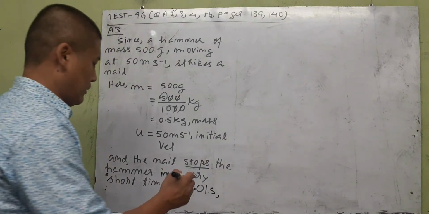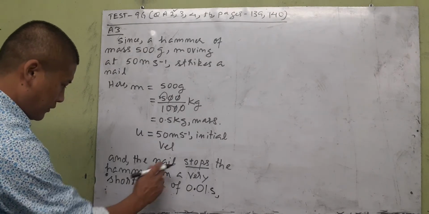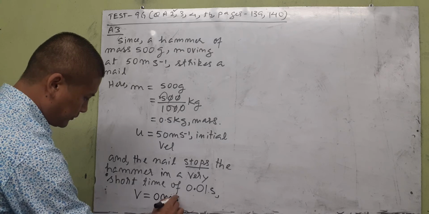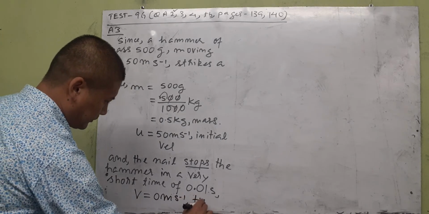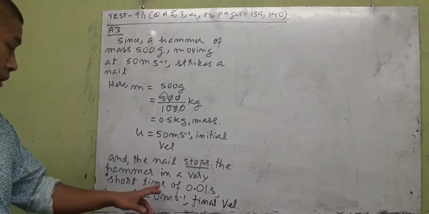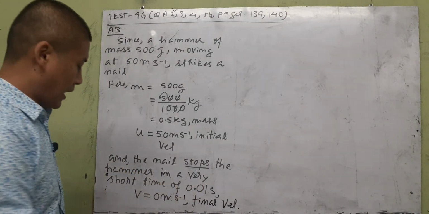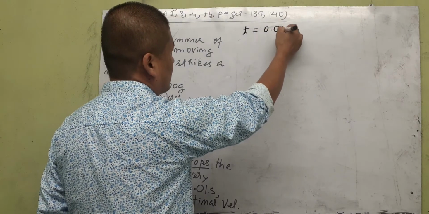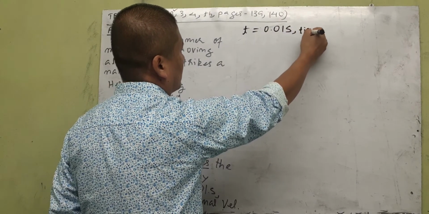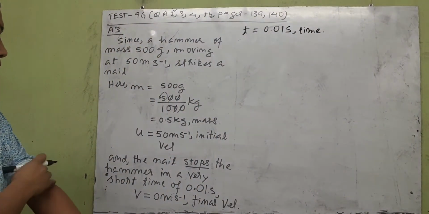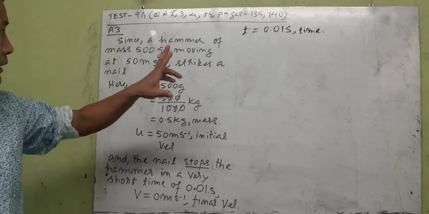So that means stop means finally it comes to stop, so final velocity is 0 meter per second. That is the final velocity of the hammer. This second obviously is time, so we just write that t is equal to 0.01 second, the time taken for the hammer to stop, right? So we have here m, u, v and t.